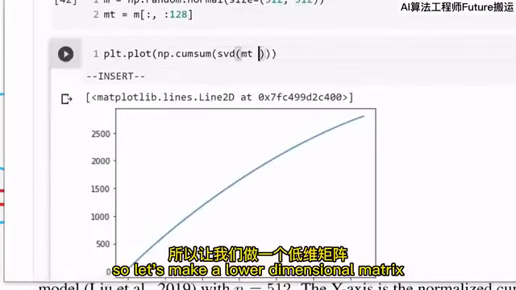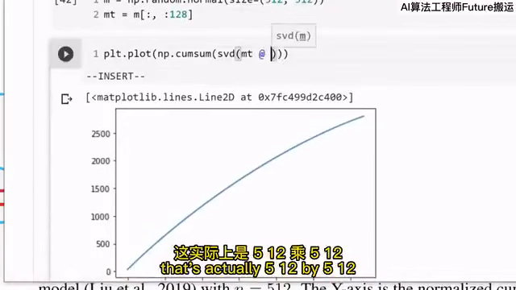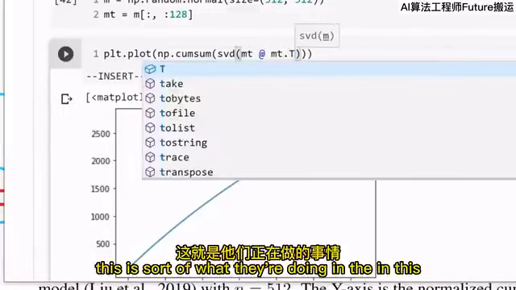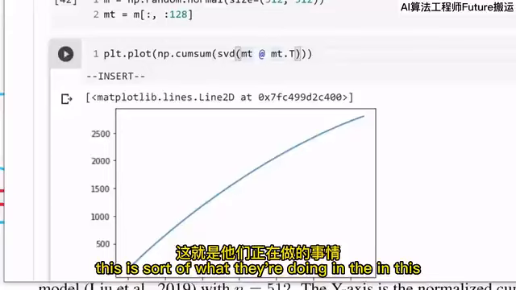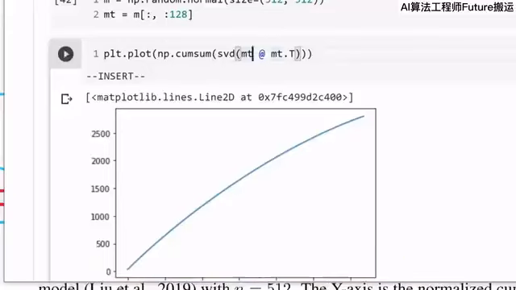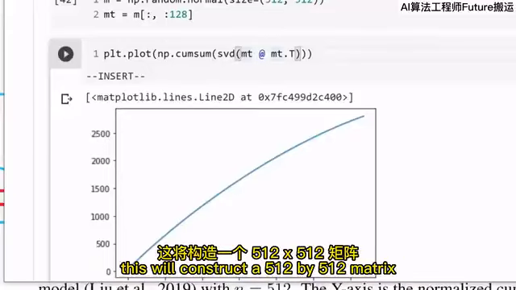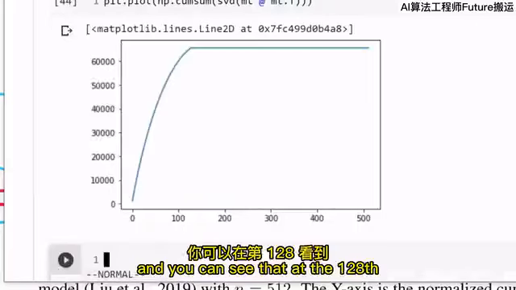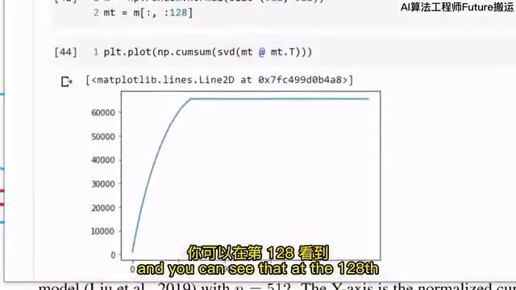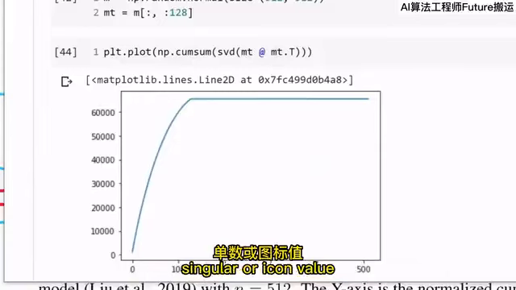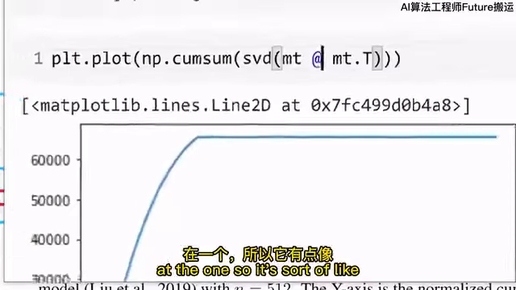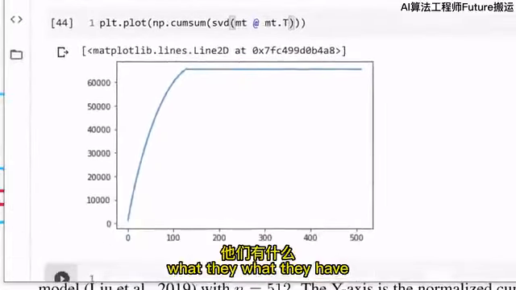So let's make a lower dimensional matrix that's actually 512 by 512. This is sort of what they're doing in this. This will construct a 512 by 512 matrix, but that is only of rank 128, right? And you can see that at the 128th singular or eigenvalue, this snaps right at the 1. So it's sort of like what they have.